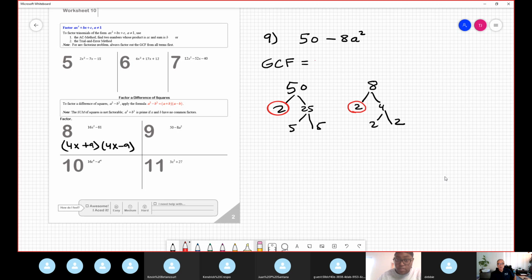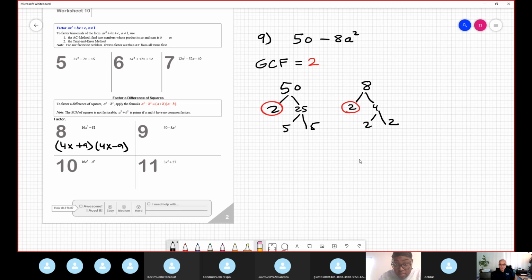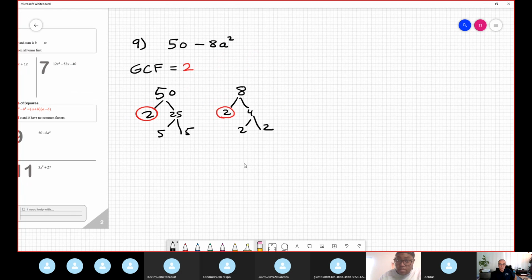You factor out 2. When you factor out 2 in our expression, open parenthesis, stay inside the parenthesis 25, because remember, the thing I am doing is factoring out 2, and 25 stays.